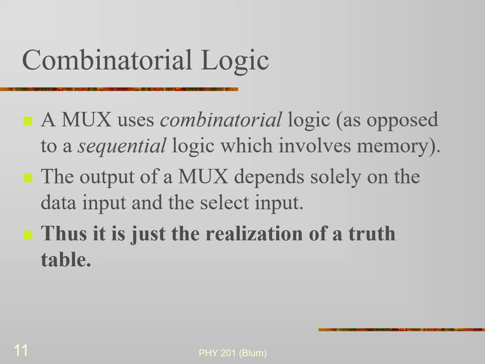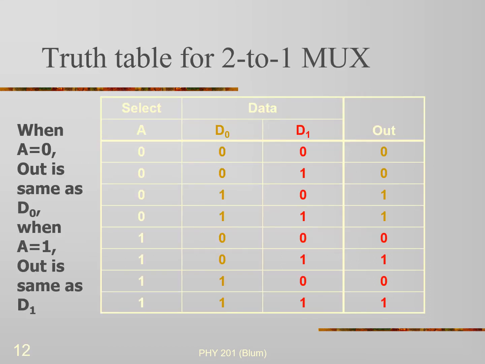So now let's write out the logic of a multiplexer as a truth table. So here we see the full-blown truth table for a 2-to-1 MUX. A 2-to-1 MUX has two data inputs that we're labeling D0 and D1. It has one output, shown over there as the output of the truth table.